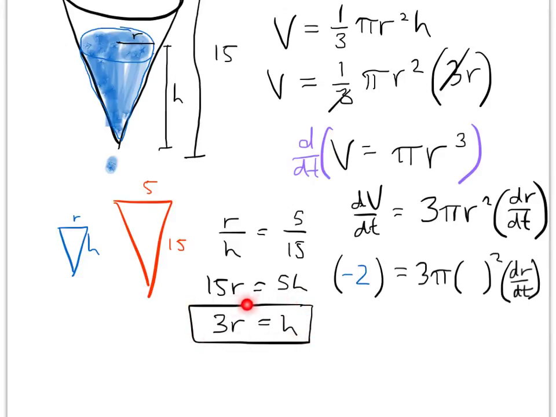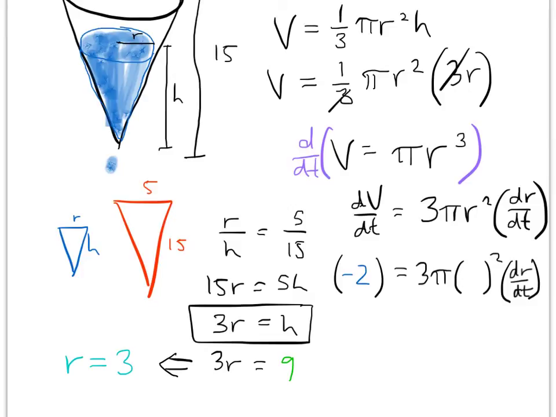Well, once again, see that key formula we had from earlier? Once again, it's going to show its worth now. If the height is 9, what is the radius then? That should be pretty easy to figure out. Divide both sides by 3, and you will get that r is equal to 3 when the height is 9.